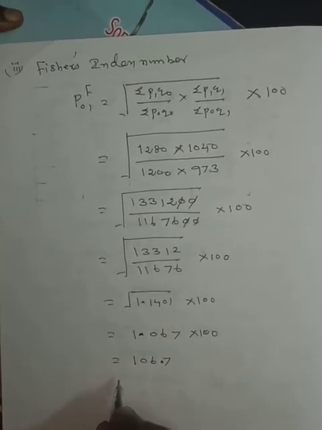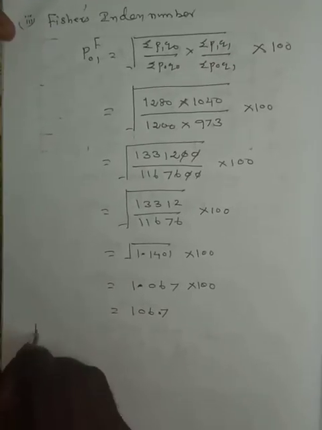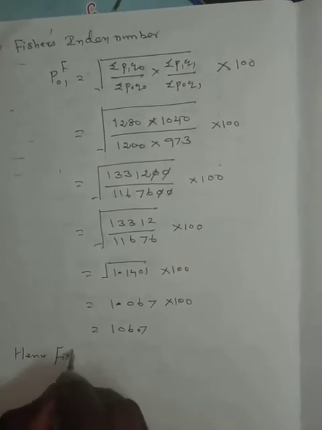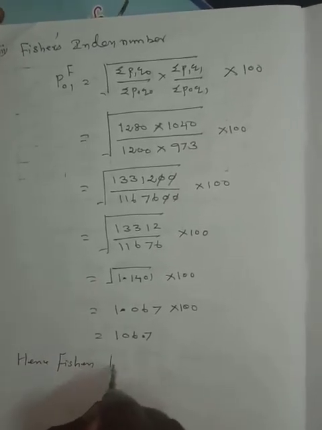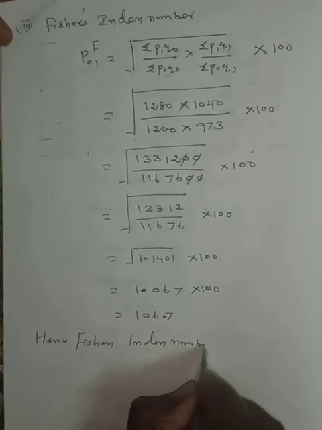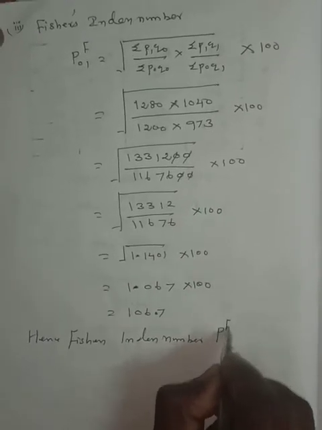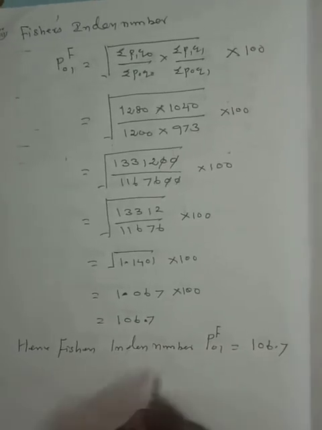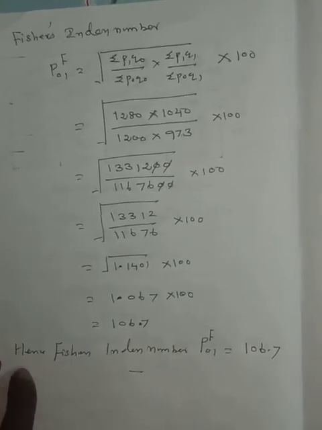This is Fisher's index number. Hence, Fisher's index number PF01 is equal to 106.7. Hence the result.